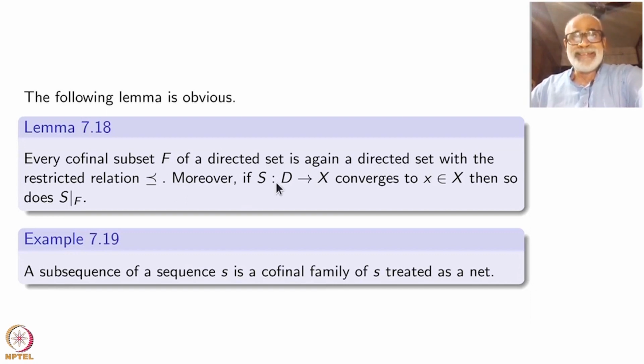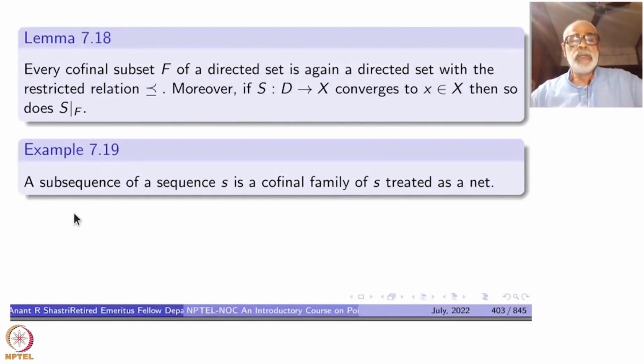Moreover, if S from D to X converges to x inside X, then so does S restricted to F. So that is why they do the job. But they may not do everything that the original thing can do. If you took all of them, then they will do the job.